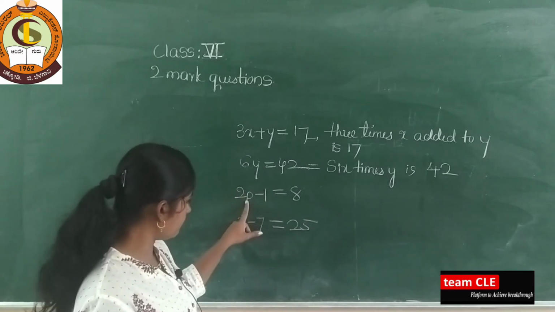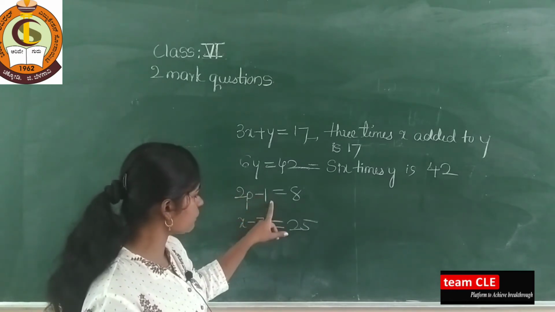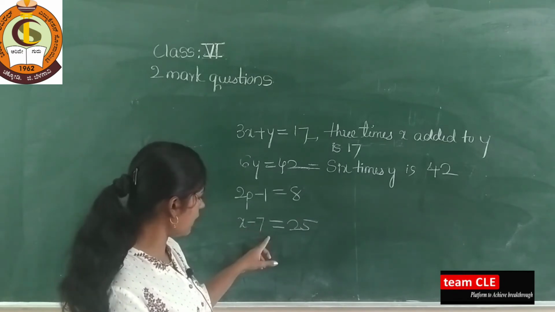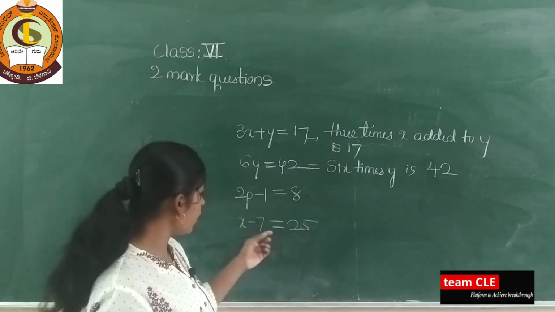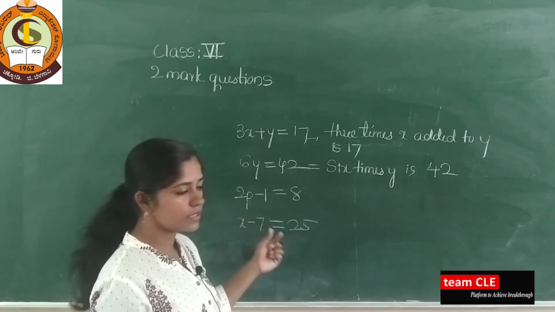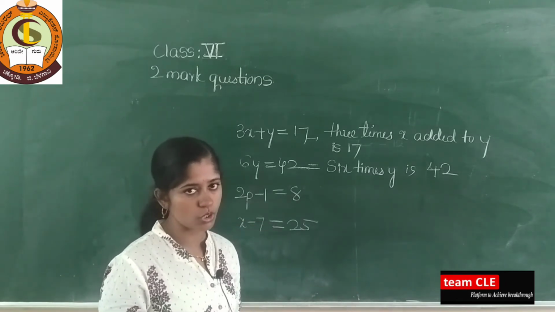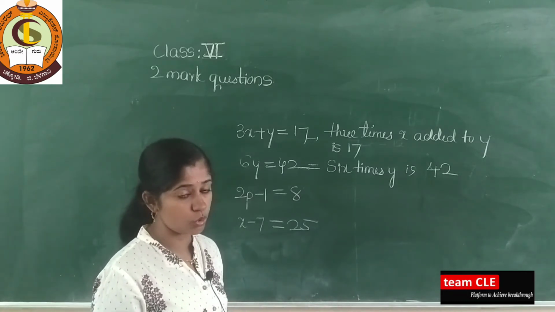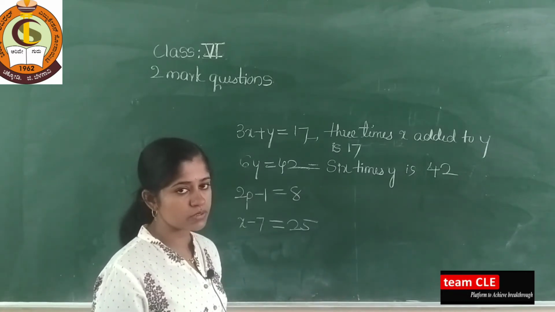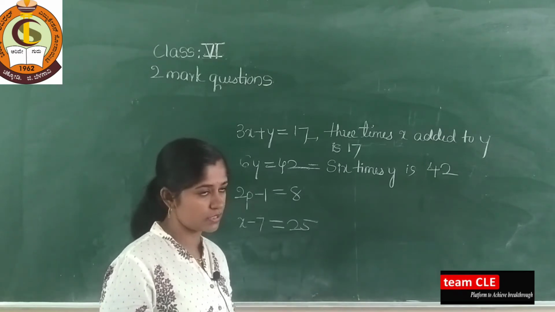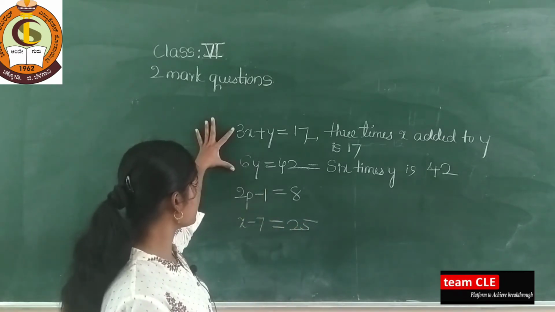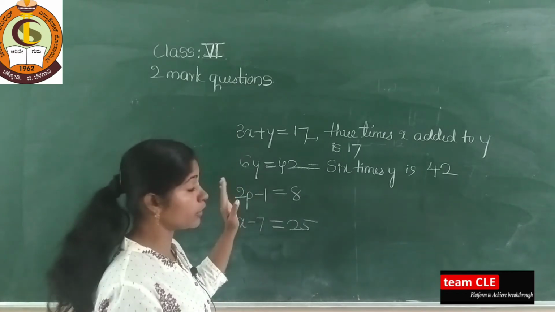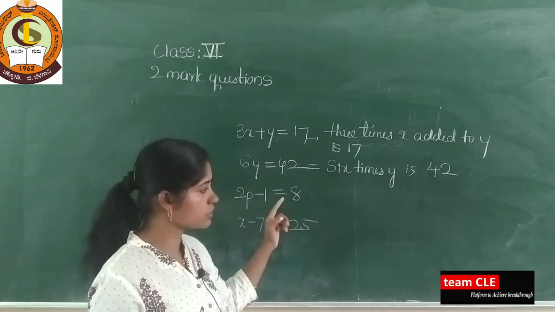And for the last one, you write x minus 7 is 25, or 7 subtracted from x is 25. That is also correct. Again, more examples are there. Do practice at home. You will get this in 2 mark questions as well as 4 mark questions. If it is a 2 mark question, I will ask 2 such questions. If it is 4 marks, I will ask 4 such questions.